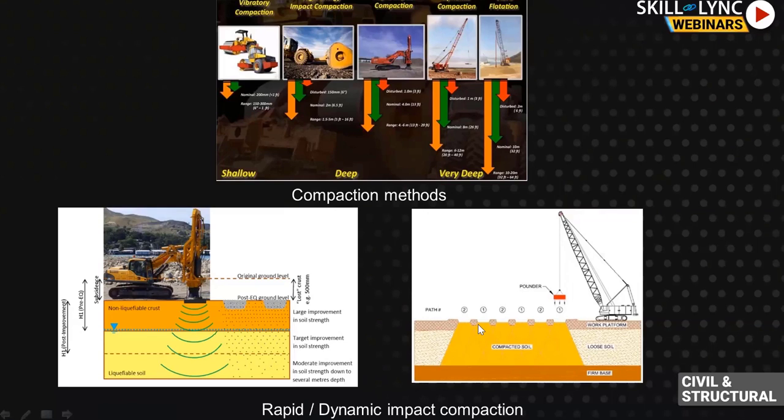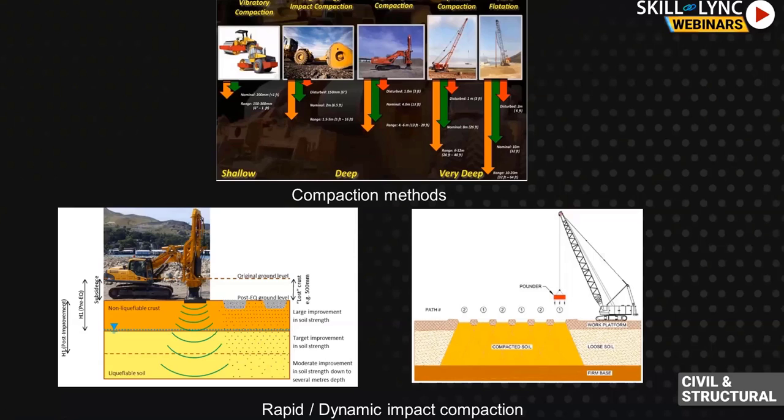These are not done everywhere, only at the places you want. You will have to mark your points at specified intervals, and at each point they will drop the weight. You have two types actually, rapid compaction as well as dynamic compaction. Rapid compaction will improve your ground only to less than 5 meters, whereas dynamic compaction will improve your ground by 10 to 12 meters maximum.